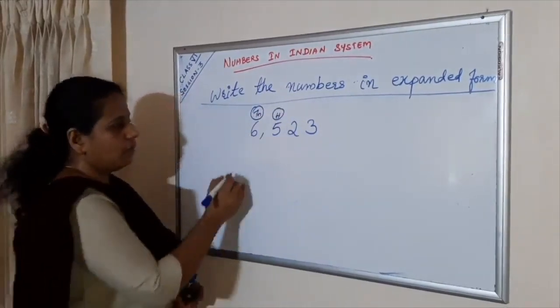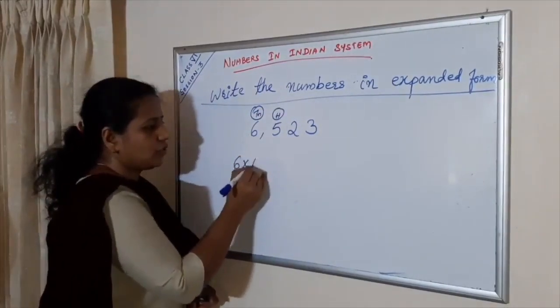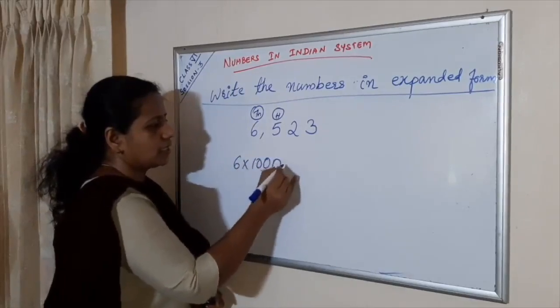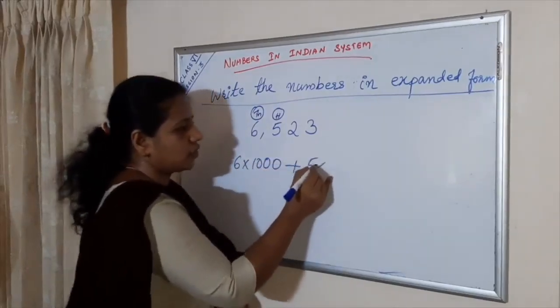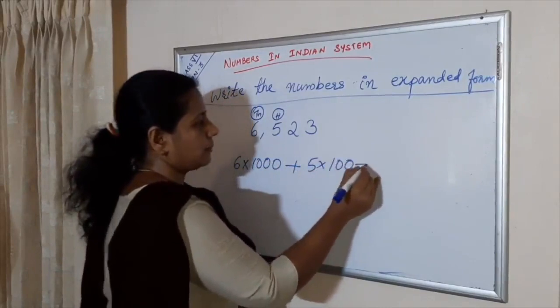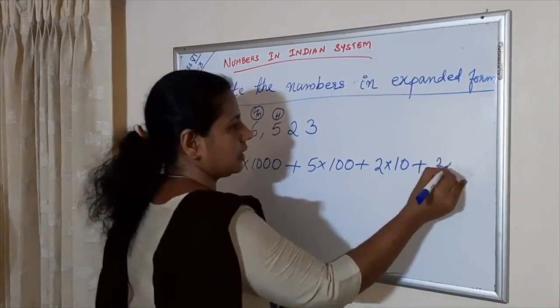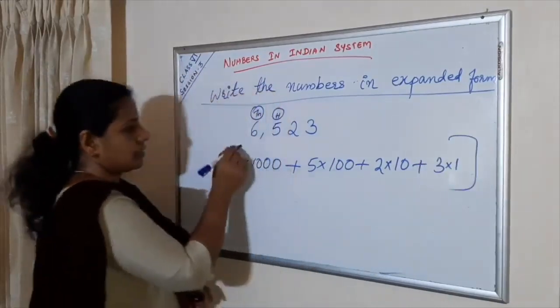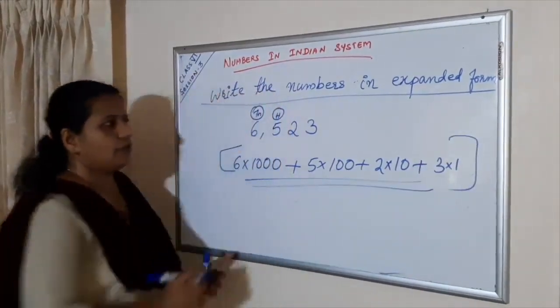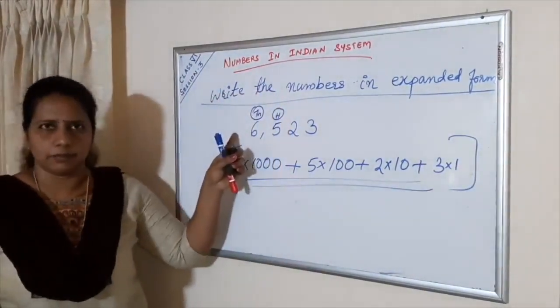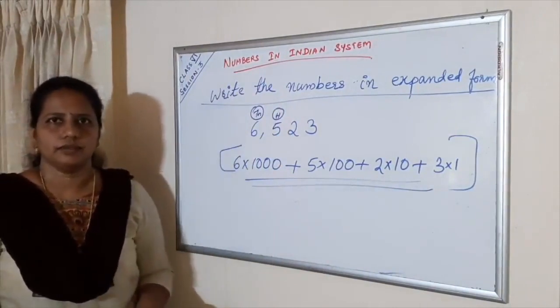Now we can write 6 into 1,000 plus 5 into 100 plus 2 into 10 plus 3 into 1. This is the expanded form of the given number. Okay.